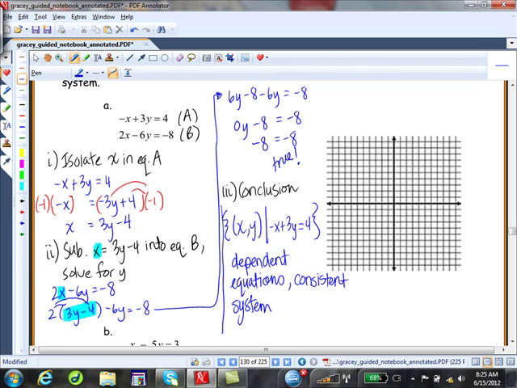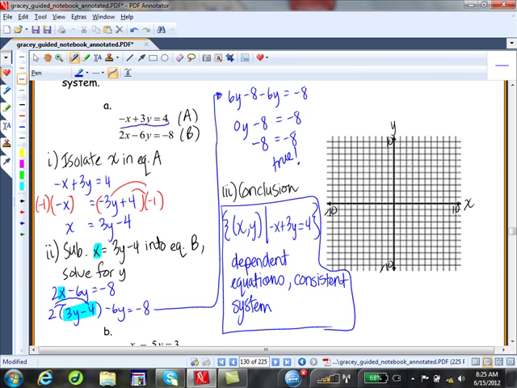Okay. All right, let's see what this looks like. So we would have x and y. And I'll graph this guy in blue. Now if I use intercepts, I'm going to go a little faster here. If x is 0, y will be 4/3.